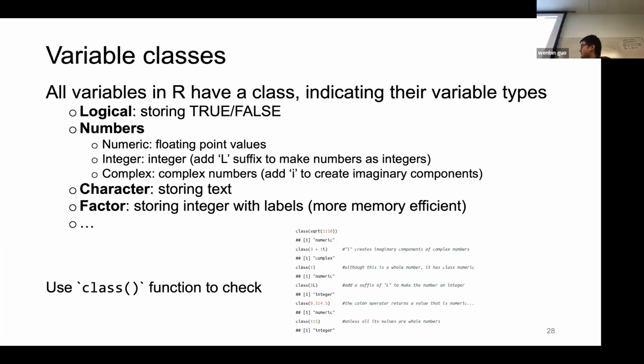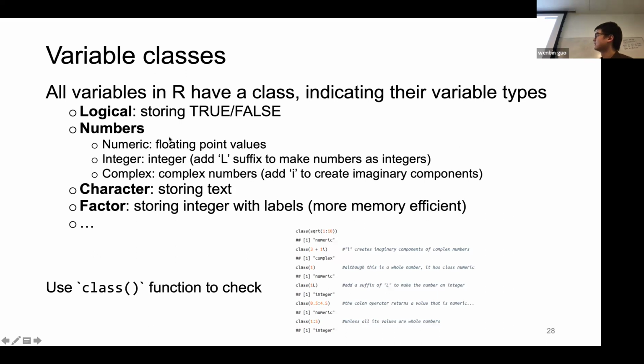Besides that, we talked about variable names and variable values. Here I also want to talk about variable class because it's an important topic, especially when we assign variables. What operations we can perform on a variable really depends on its class. We have several basic variable types, like the logical type, which is a true or false value, a boolean value.